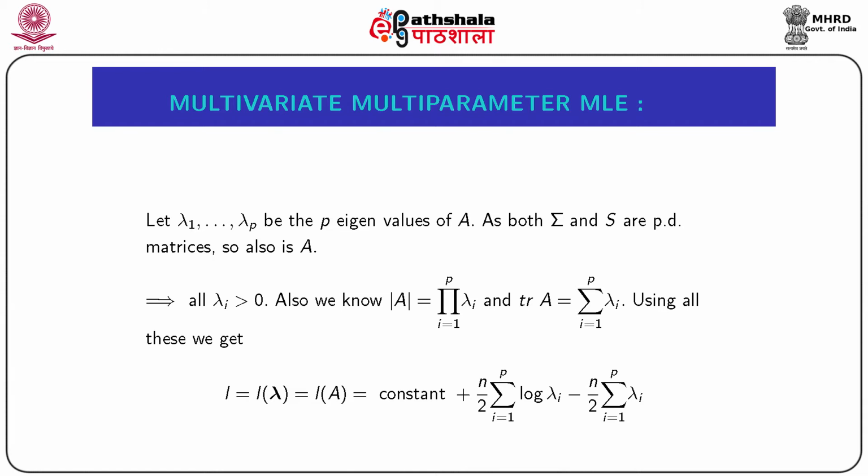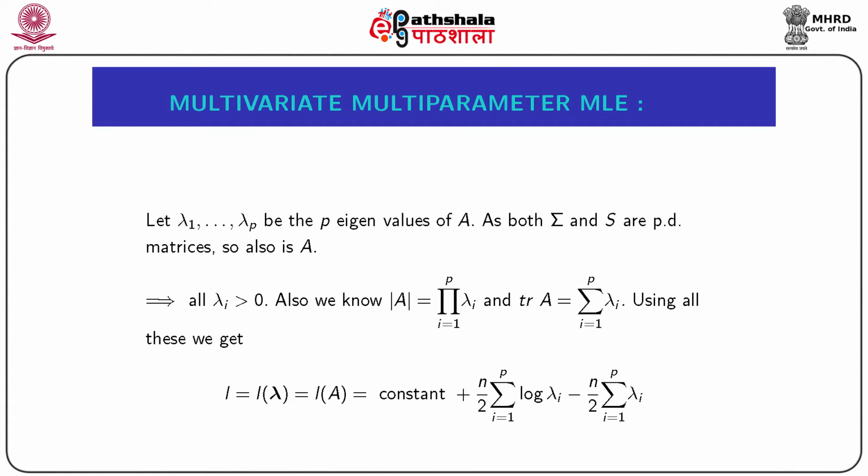Also, we know determinant of A equal to product of lambda i's and trace of A equal to summation of lambda i's, because determinant of any square matrix is the product of its eigenvalues and trace of any square matrix is the sum of its eigenvalues.